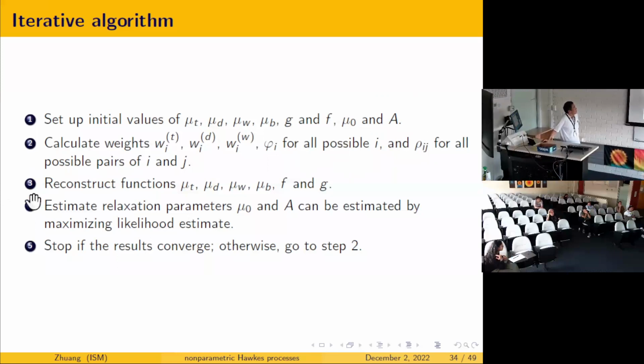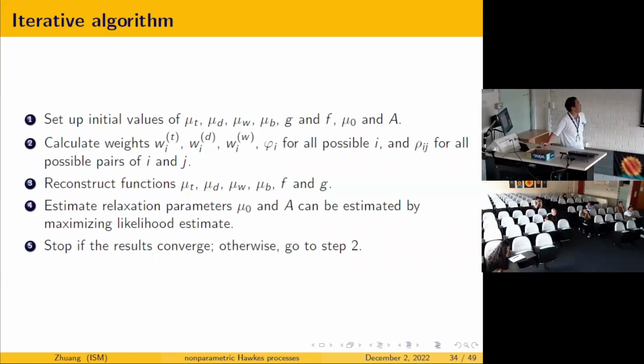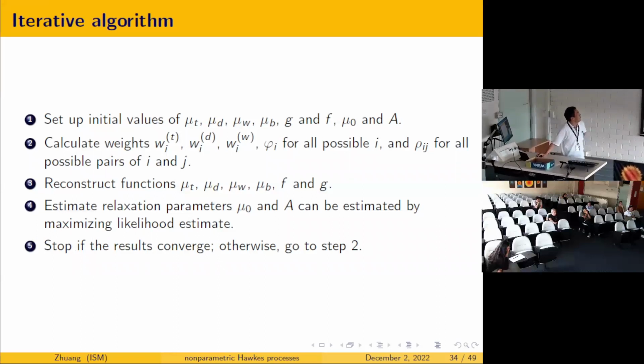Then we reconstruct the functions in the background part, and those F1 in the triggering part, and then we estimate the relaxation parameters mu0 and A by MLE, and we stop if the results converge. Otherwise, we go back to the earlier step.